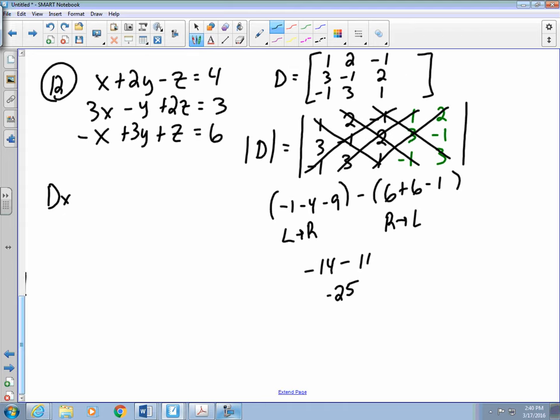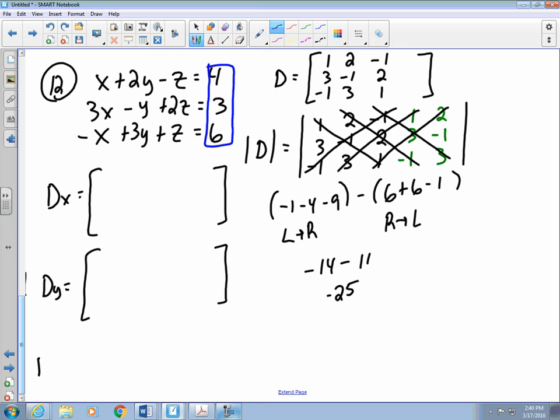First of all, if we want to do matrix Dx, what you need to understand is that we take these constants, the numbers without a variable, and we replace the coefficients of the variable whose determinant I'm making. So here I'm going to take the x coefficients and replace them with 4, 3, 6.